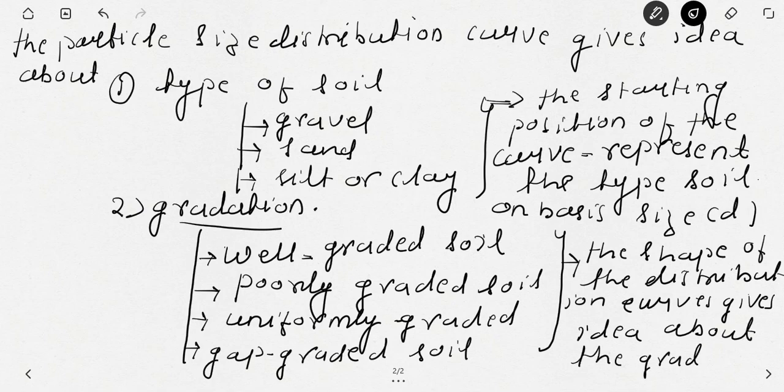So this shape represents its gradation, and the position of the curve represents the type of soil. So you should remember this.